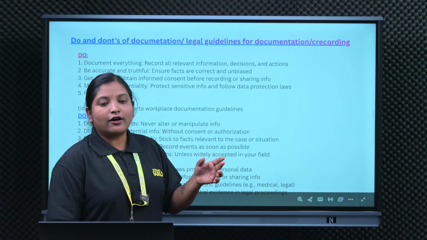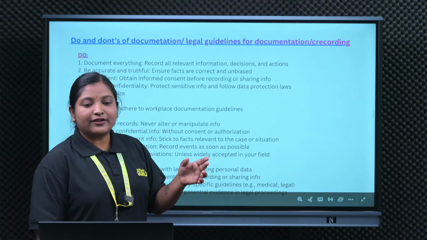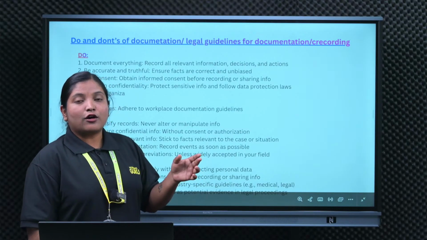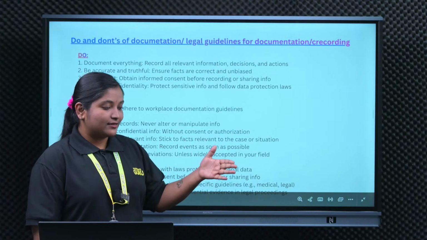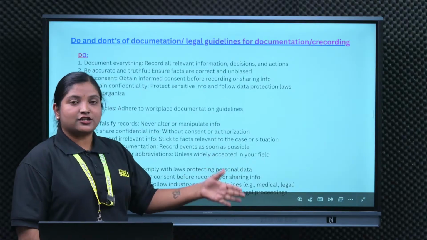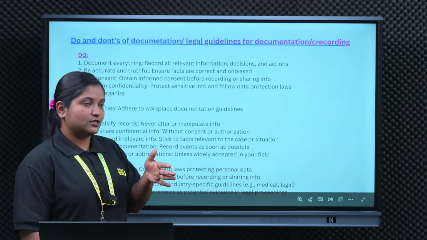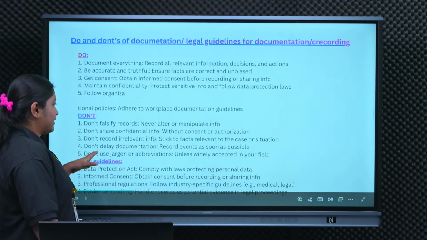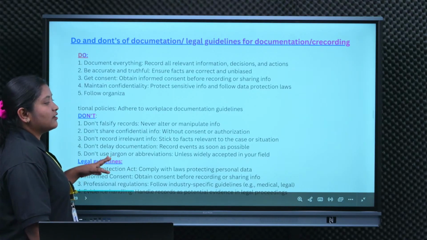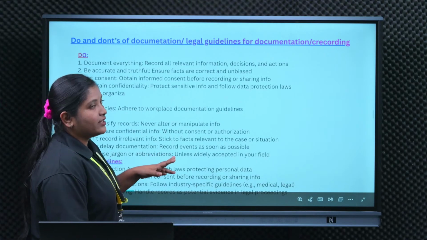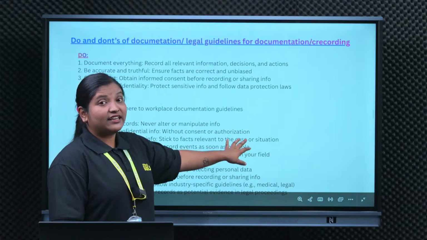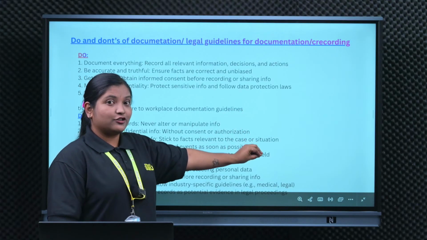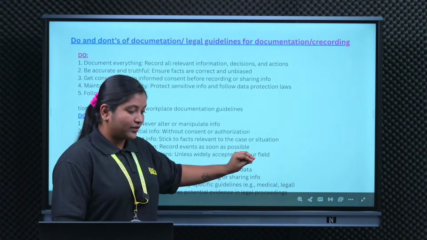You should not record irrelevant info or state false things in the documentation. Whatever accurate things are there, only that you tell. So stick to the facts relevant to the case or situation. You should not manipulate anything over there.